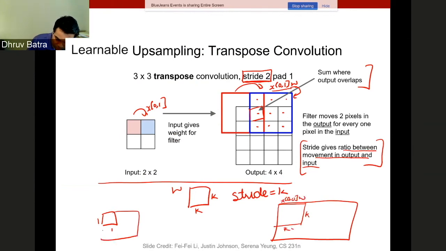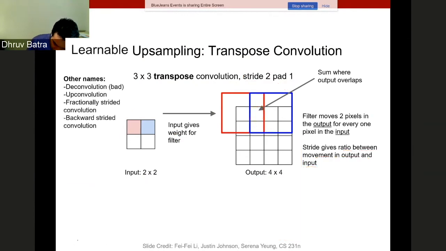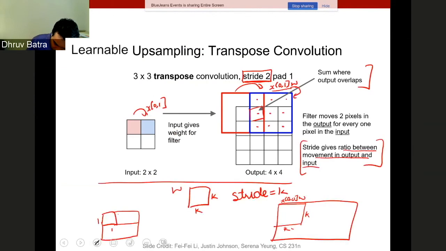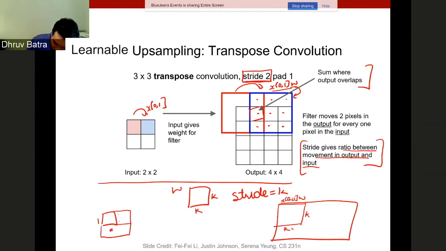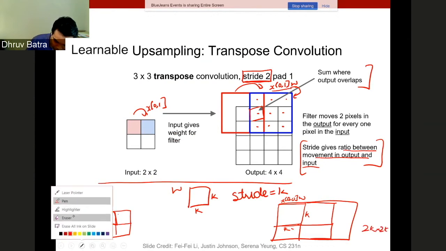If my input was instead 2 by 2, then I would essentially place this filter at 4 locations, and so I would end up with 2k times 2k as my output.